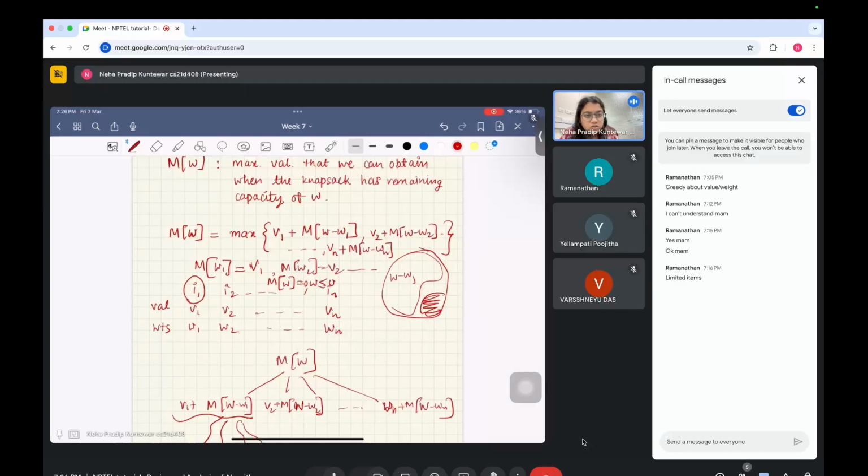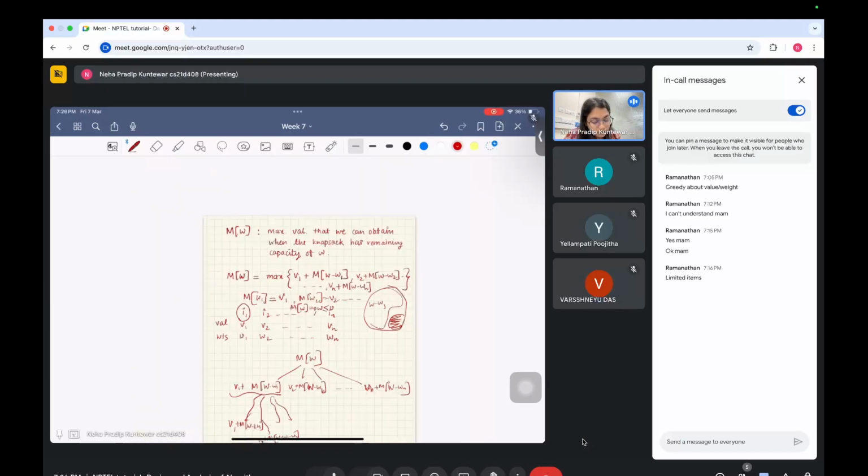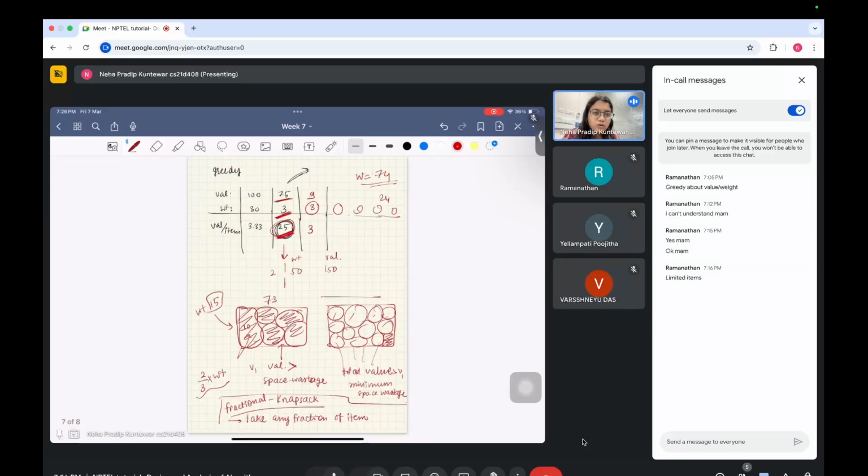So if that is clear, then try the same example but now I don't allow you to repeat the objects. So if you take an object, you're going to take it at most once. You cannot take it multiple times.